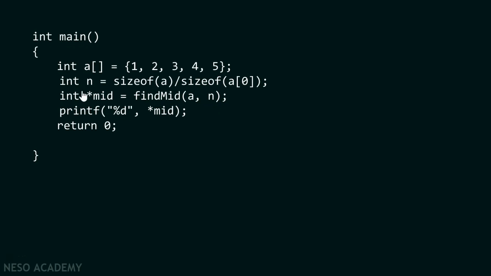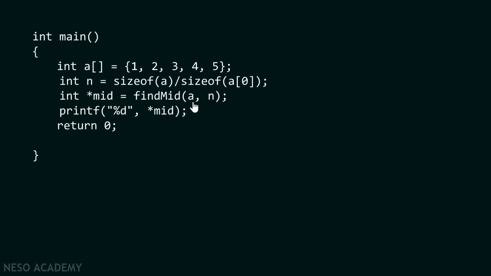After this line, we have another line in which I have declared one pointer, mid, which is pointing to some integer. So this mid pointer will contain some address which is returned by the findMid function. The parameters passed to this findMid function are a and n. That means the whole array and the variable n. Please note that if we want to pass the whole array, we just have to write the name of the array.